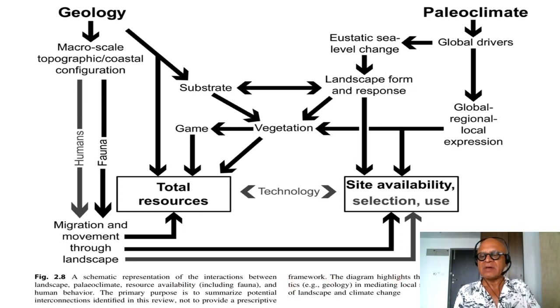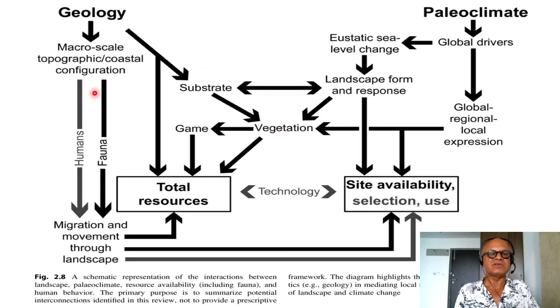So the diagram highlights the role of inherited characteristics like geological features of the time in mediating local responses to global scale forces of landscape and climate change. So desertification, expansion of deserts, refugia, coastal resource visibility, availability, site selections, and so on.